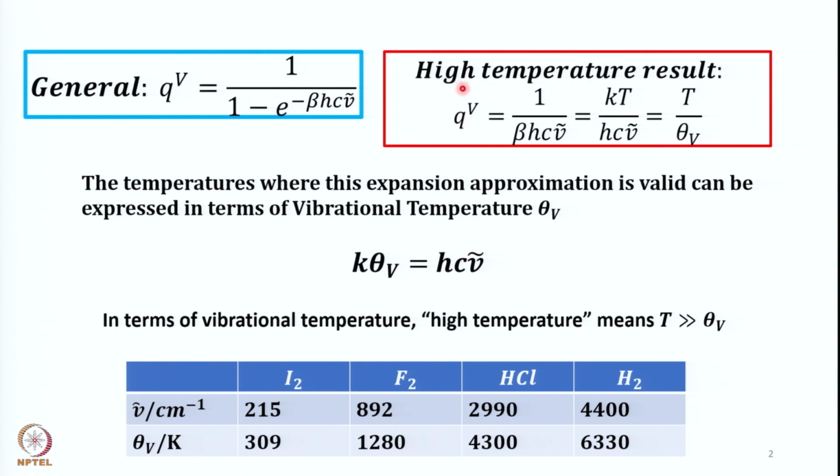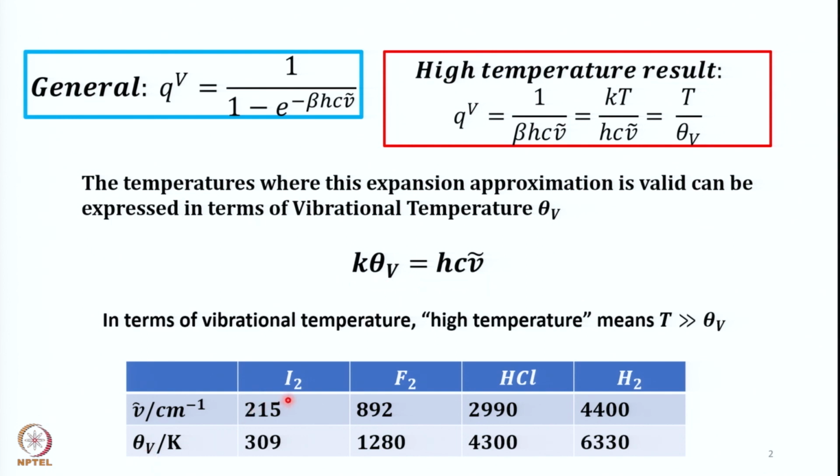The temperature of interest should be much larger than the characteristic vibrational temperature. Some typical values of the vibrational temperatures are listed in this table. This is the wave number in centimeter inverse and the corresponding vibrational temperature calculated by using this expression. I repeat, vibrational temperature calculated by using this expression.